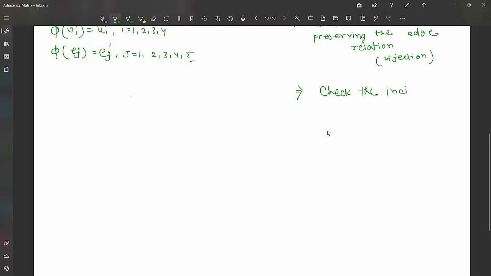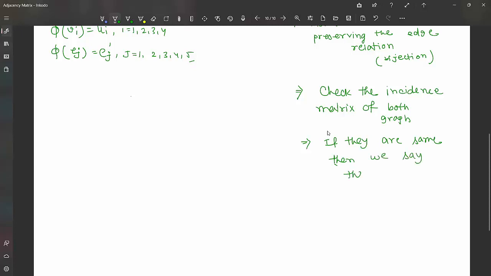So check the incidence matrix of both graphs. If they are the same, then we say that G and H are isomorphic.